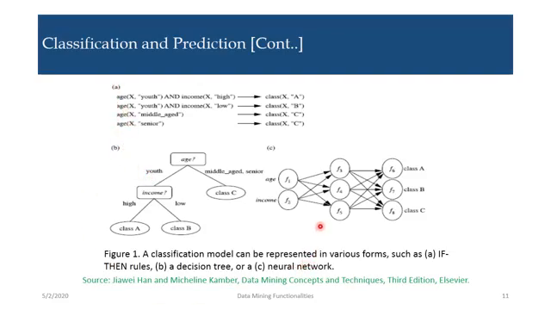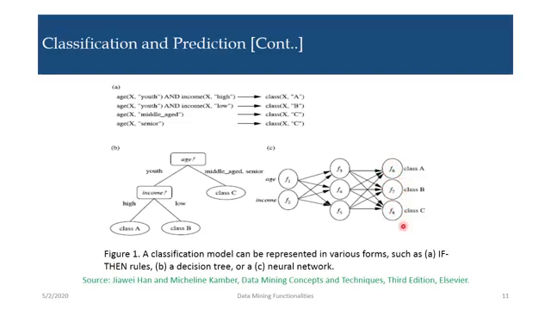Now come to figure C, where the same concept has been explained with a neuron-like structure, a neural network. Here you can see that in the input layer we have two nodes, F1 and F2, which give the input about age and income. Then at the hidden layer we have three nodes, and all the connections are weighted connections.